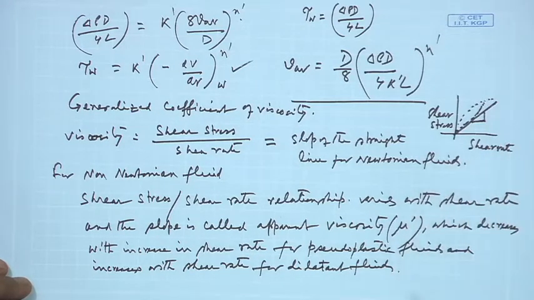So for dilatant fluid, the apparent viscosity increases with shear rate.